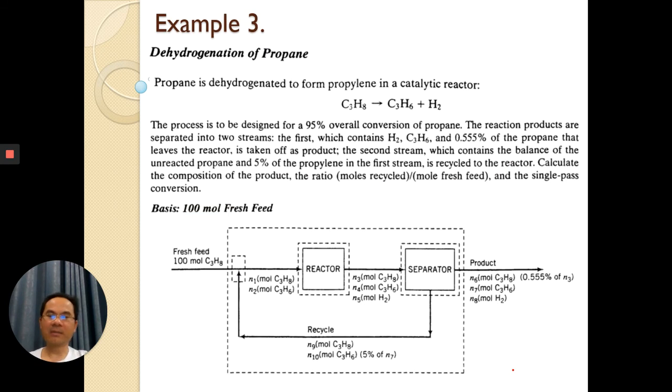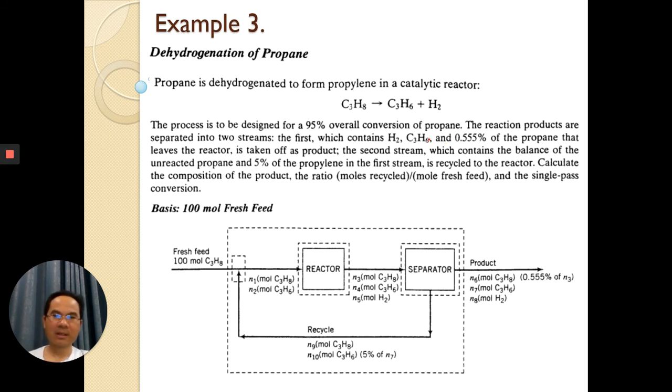For example, we consider a dehydrogenation of propane. Propane reacts to produce propylene with a catalytic reaction. For the catalytic reaction, we have some catalyst to accelerate the reaction. In this case, we have 3 chemicals and 1 catalyst.